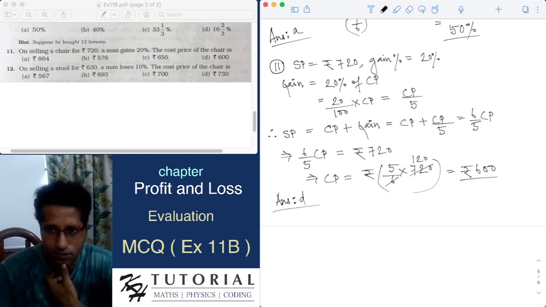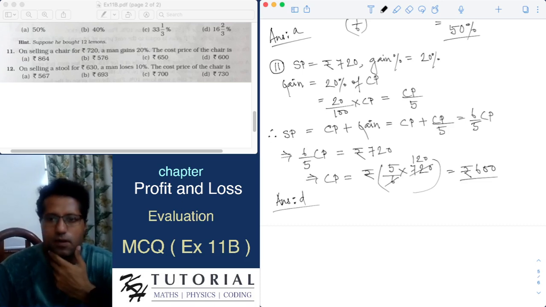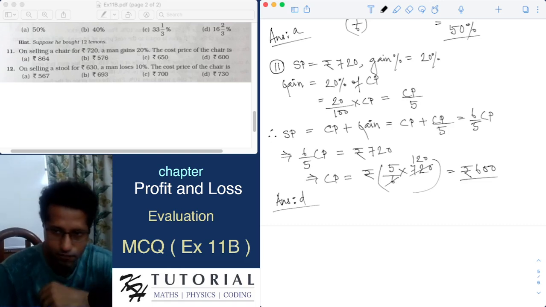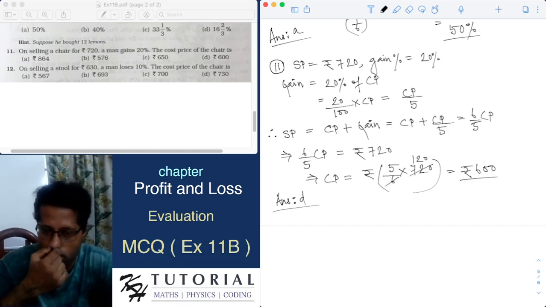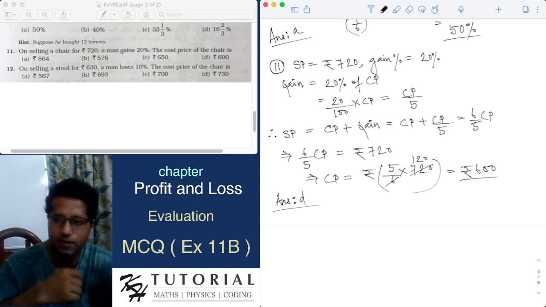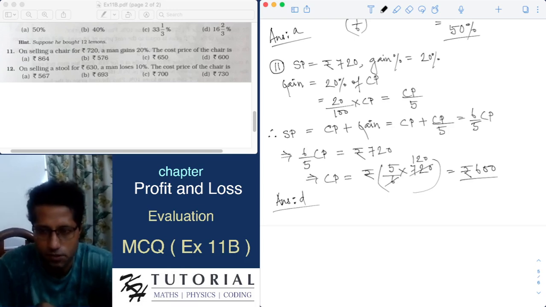Assuming the cost price is CP, I found the gain from the gain percent, in terms of CP by 5. Then in terms of CP, I found the SP and equated that to the given SP. This is one way of doing.